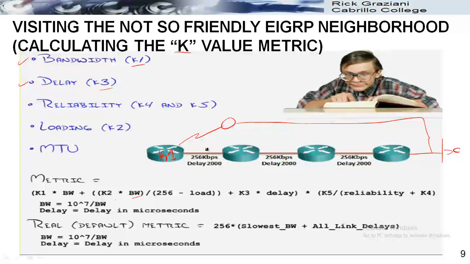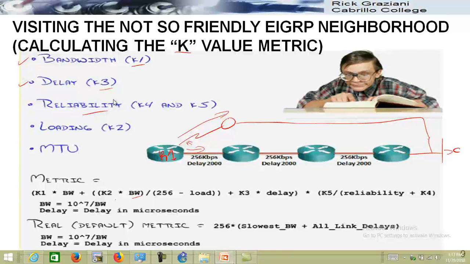If this is the best route, you tell this router to also factor in the loading, how the link is loaded. If it is too loaded, you then choose the other as the best route. If the link is flapping, this is where you'll see reliability going down.